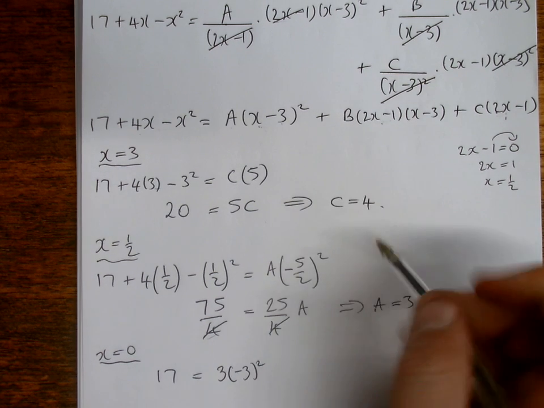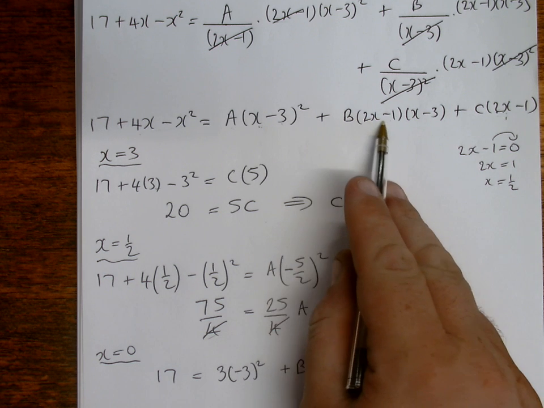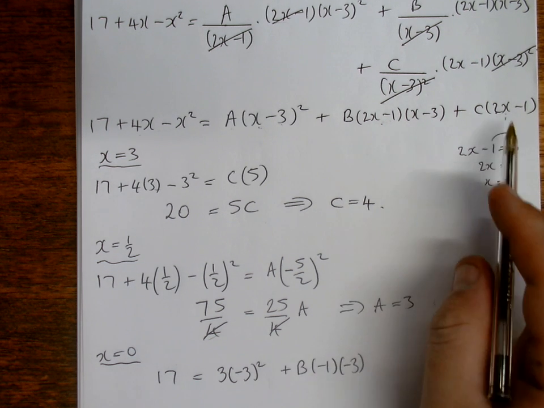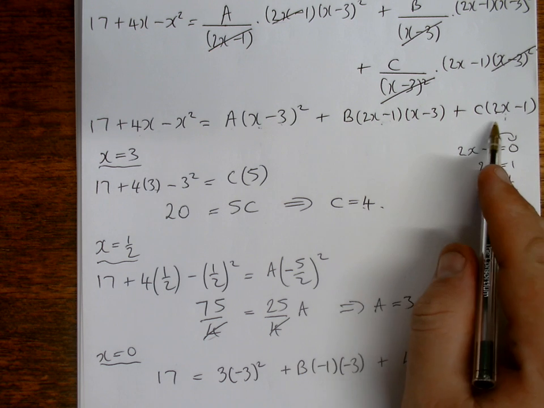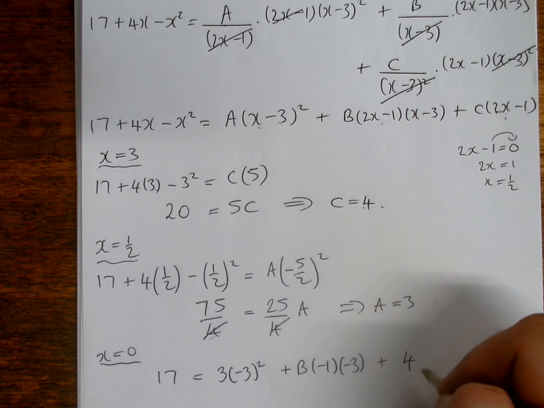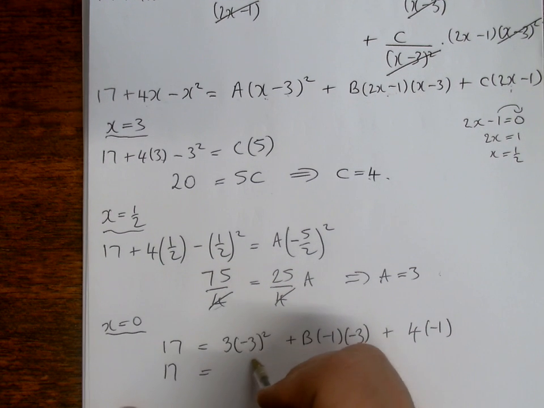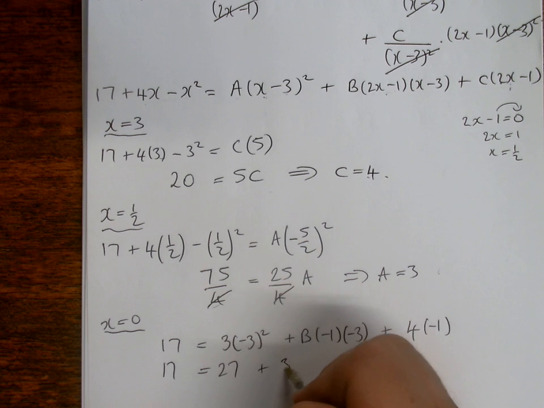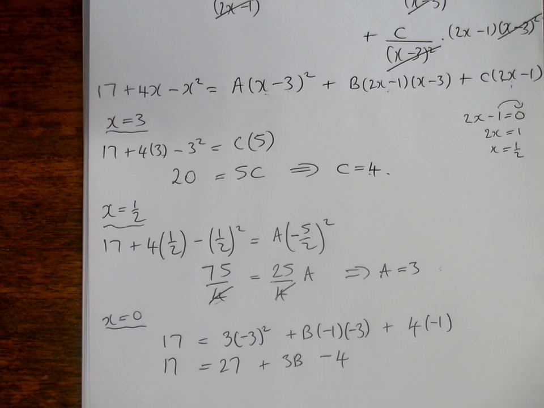B we're trying to work out, but remember x is 0, so that would be minus 1 in the first bracket, 0 there, so that'll be minus 3 in the second bracket. And then c we know to be 4, and that's 0, so we just got negative 1 there. Okay, so 17 equals, well, that will be 27, okay, that will be 3b, and that will be minus 4, okay.